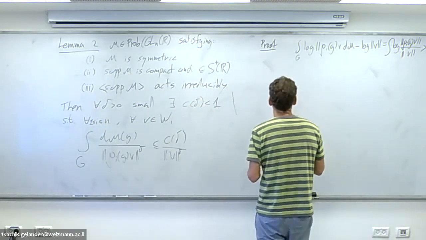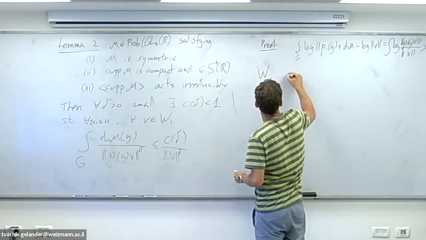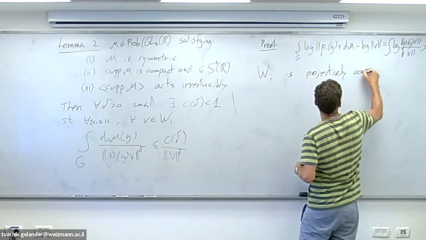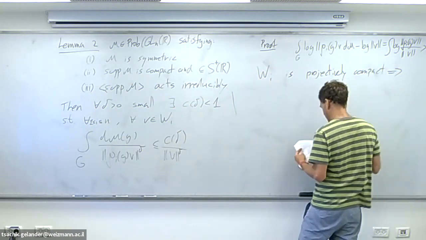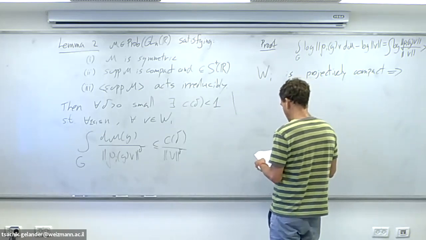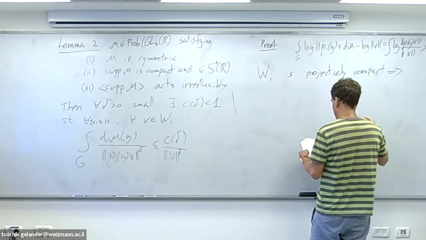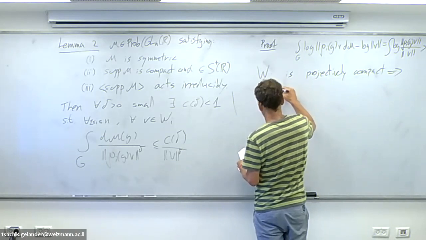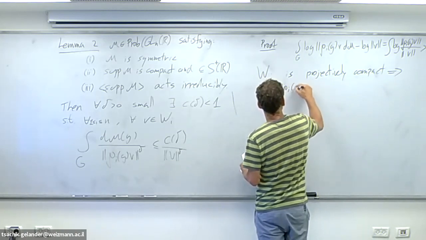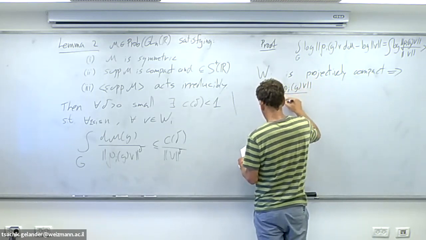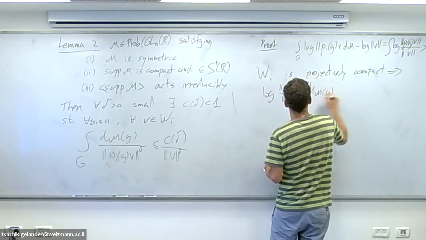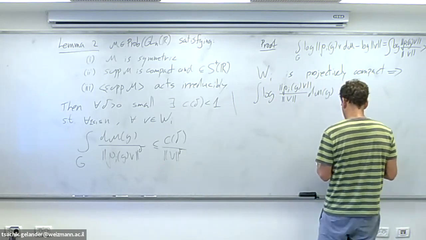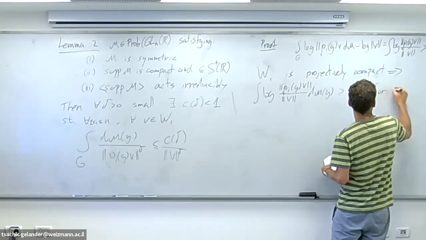Now, using the fact that W_i is projectively compact, we deduce that log of rho_i(g)v divided by v is at least b for some constant b.